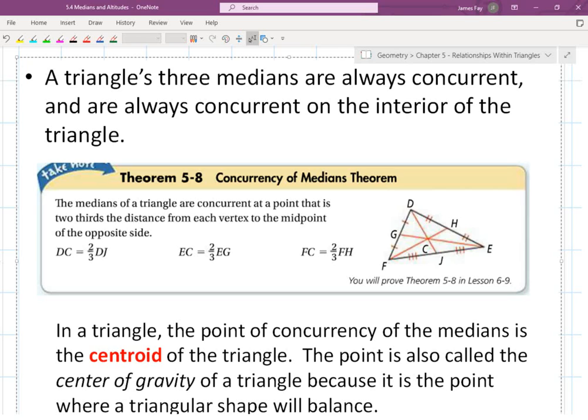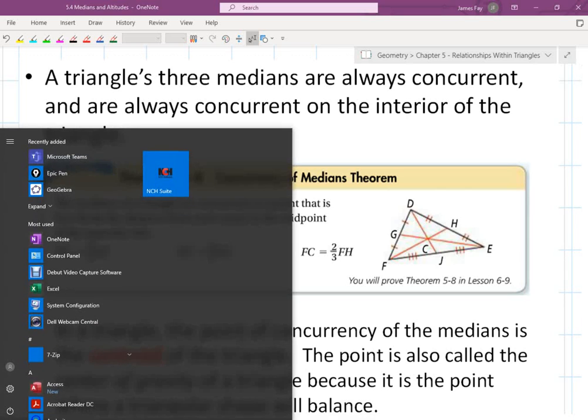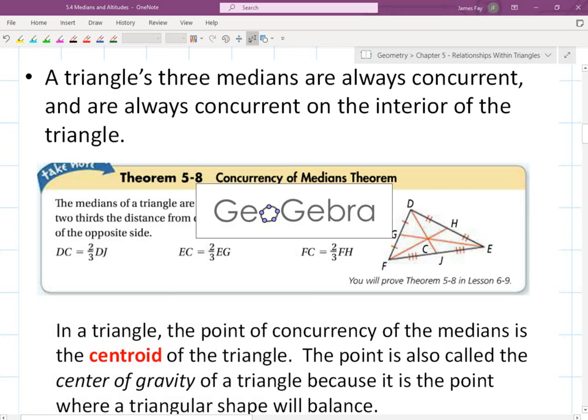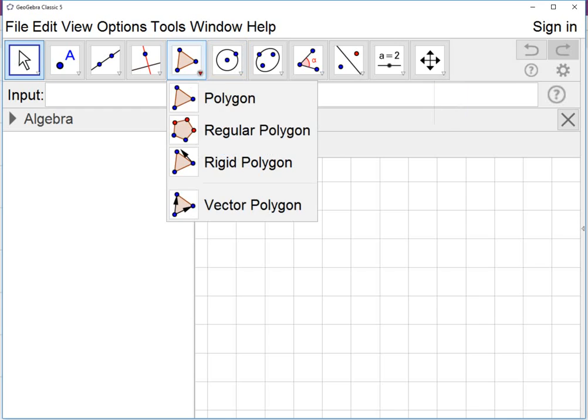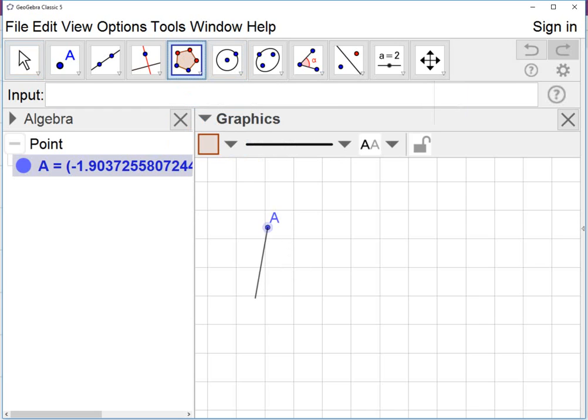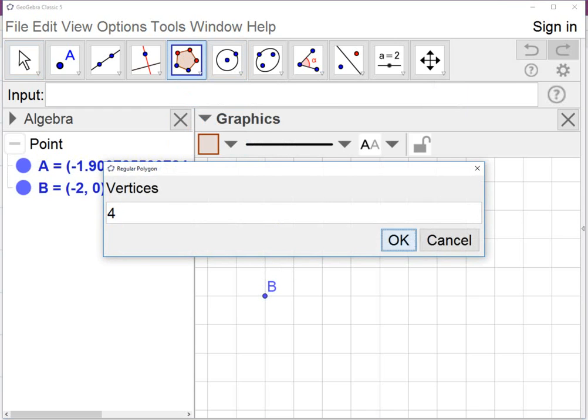Does that make sense? So if I have a square, let's think about this. Open GeoGebra. And I'll go back to that if you haven't finished writing that. But if I have something just like a regular polygon, so here's a square.